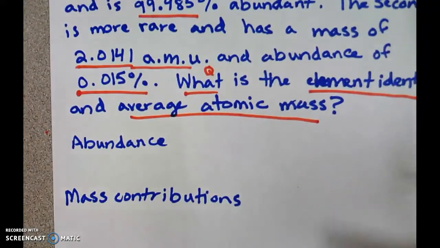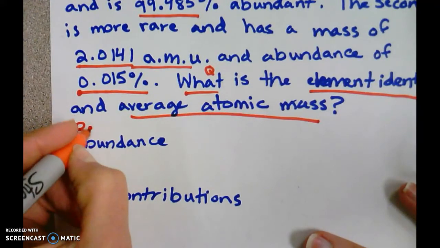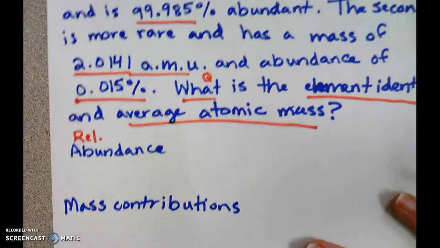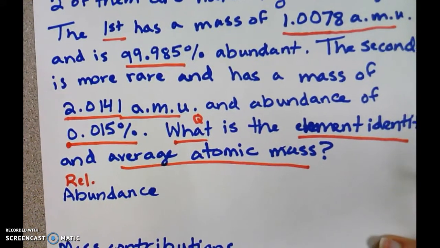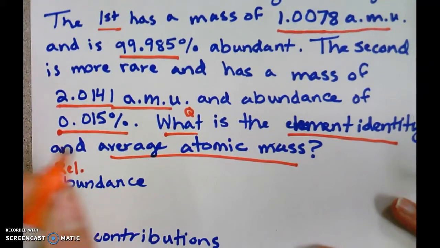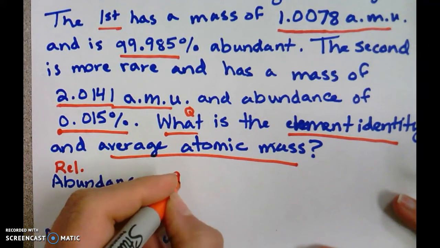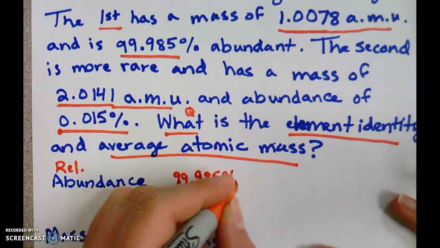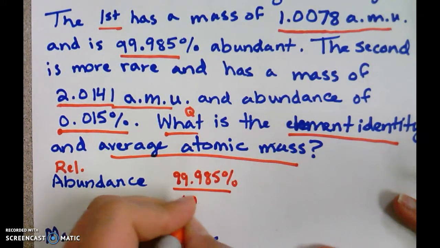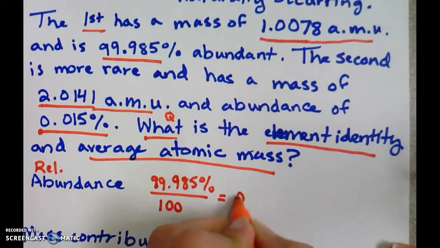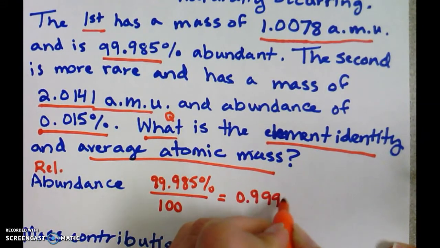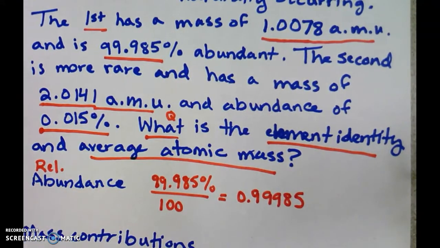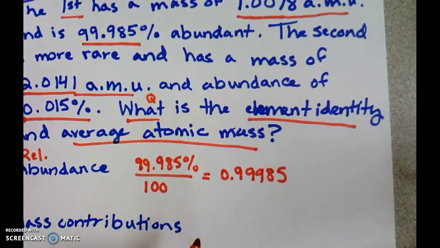Okay, so like before, let's find our relative abundance. Let's take the percent abundance, 99.985%, and we have to divide it by 100 to get the relative abundance, which will be 0.99985. We'll do the same thing for the other isotope.